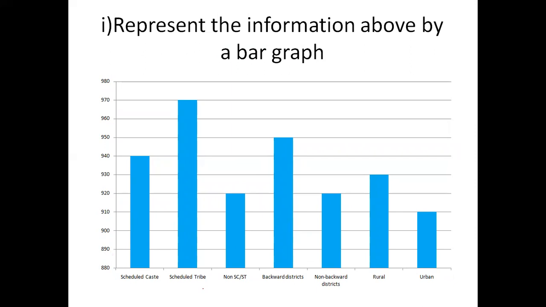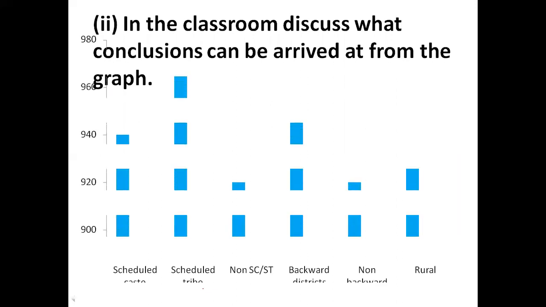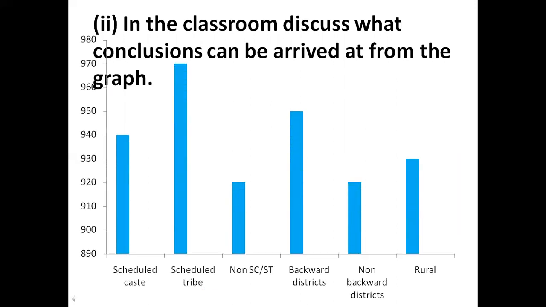Now we have another question, that is, in the classroom discuss what conclusion can be arrived at from the graph. If you see the graph, the highest height is in case of the scheduled tribe.